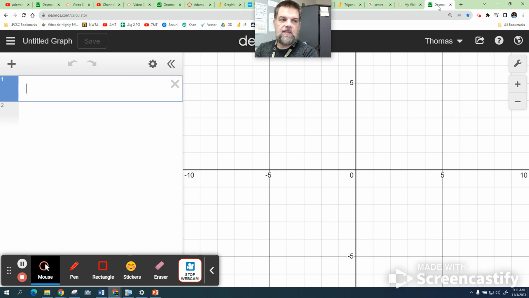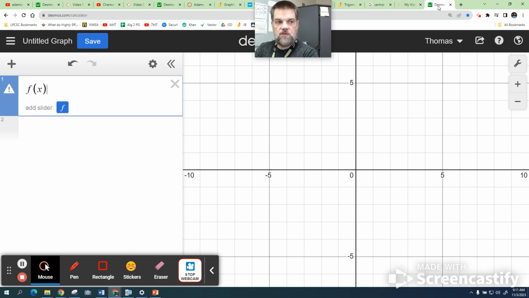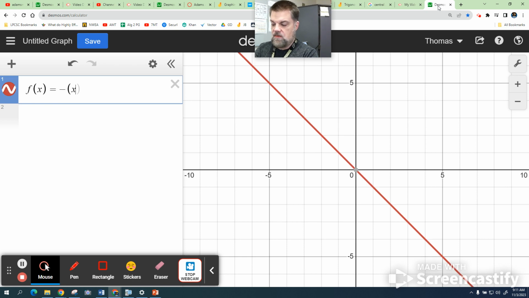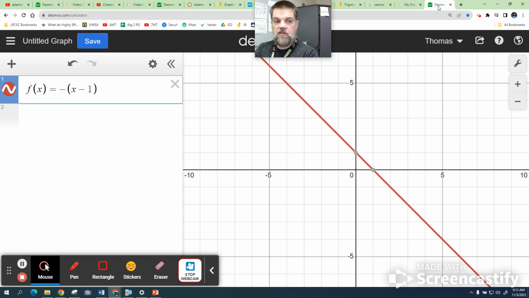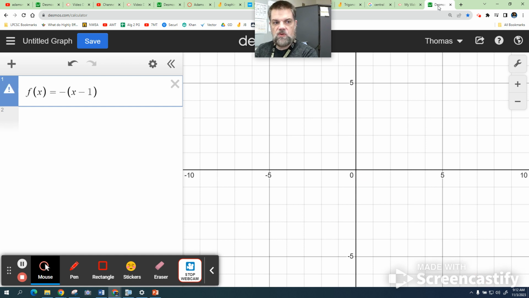Watch carefully. I'm going to say lowercase f in parentheses x. We're going to use function notation, equals negative x minus 1. Now remember, to get the square, you got to hit shift 6. That gives you the caret symbol. 2, and then plus 3.